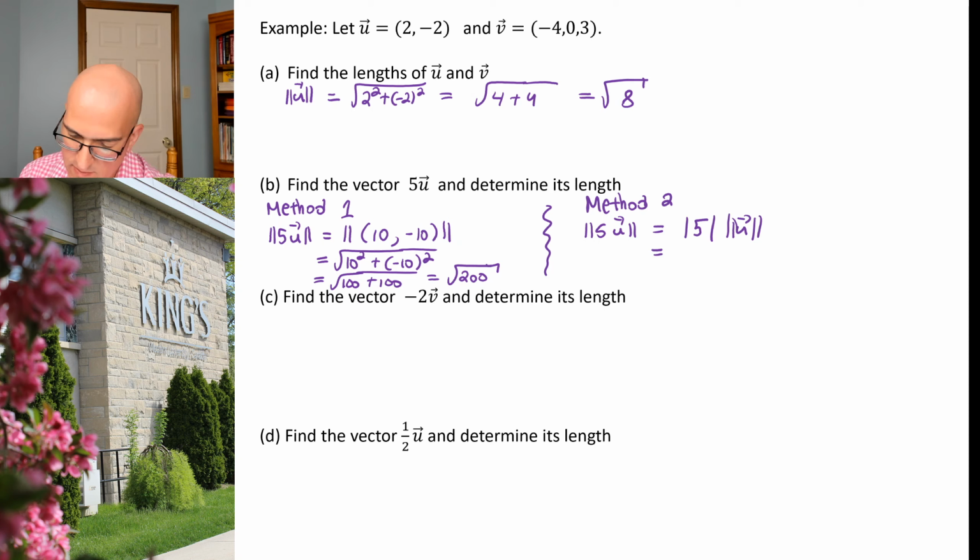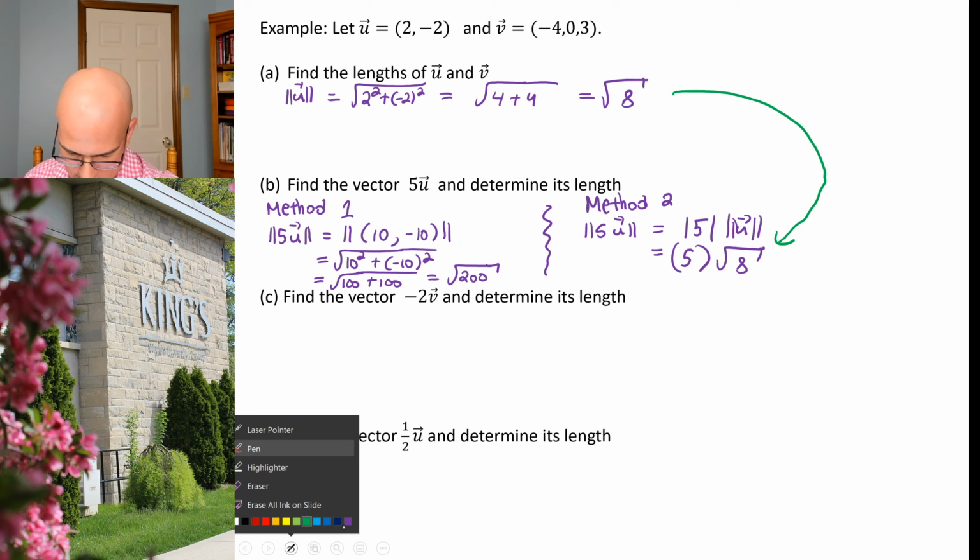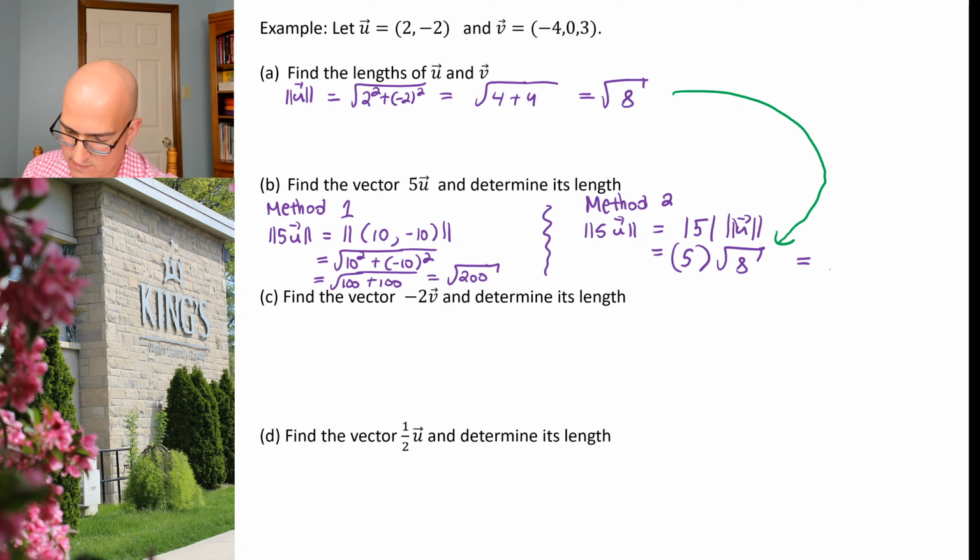Well, the absolute value of 5 is just 5. And the length of u we found up above. We found it was root 8. So I'm just recycling. Even the arrow is green. So just 5 root 8. And these two answers are the same.